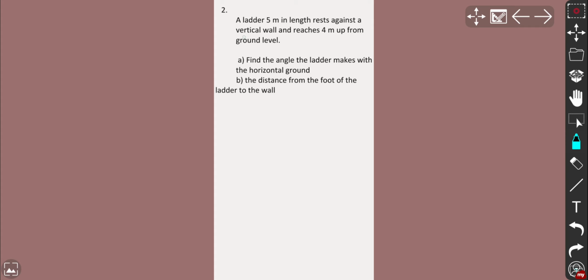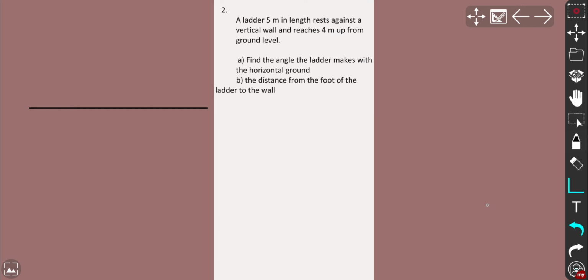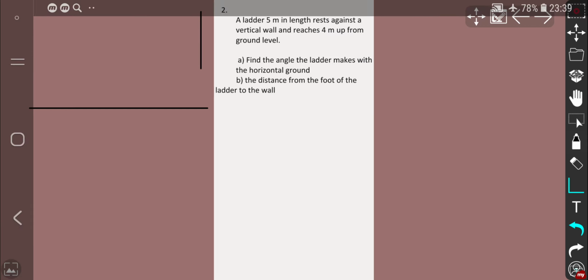So you have a ladder 5 meters in length that rests against the vertical wall and reaches 4 meters up from the ground level. Okay, that's the right time to draw what we have. Let's say that's the ground level, and we have the wall, a vertical one.